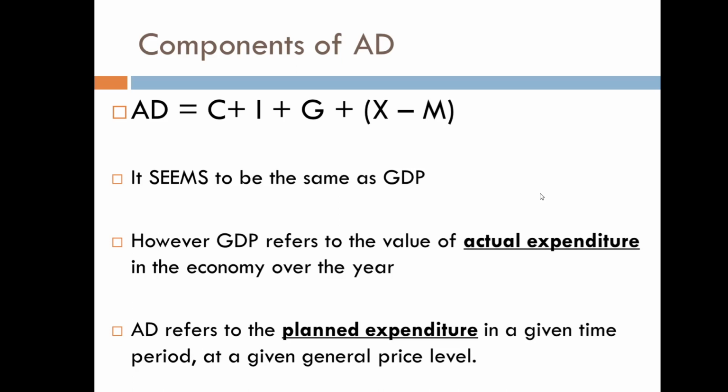And we have the same concept in aggregate demand and aggregate supply. So let's go to the first one here. When the price level is changing, because now we know the y-axis represents price level.